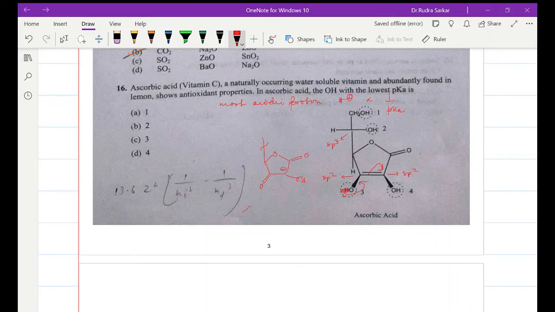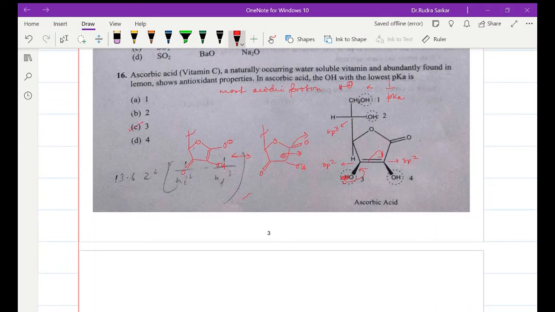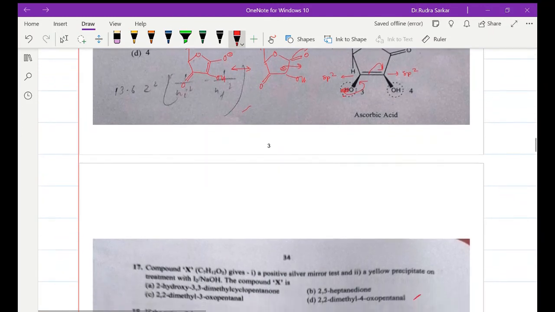Now this charge can be further delocalized over here via resonance, and we know whenever the conjugate base gets resonance stability, the acidity of the proton will increase. So over here we will say 3 is the correct option, and the proton there will be having the lowest pKa.